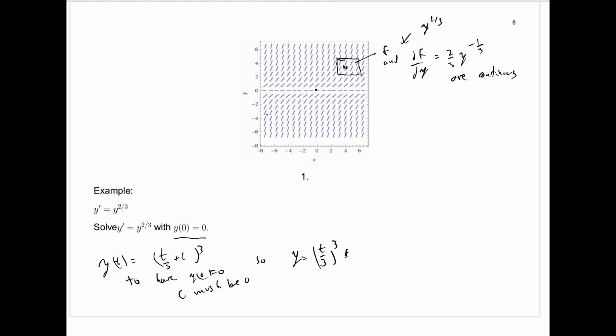That tells me there is a unique solution to the differential equation y prime equals y to the 2/3 that will exist at least on some small interval centered at the place where my initial condition takes place. But there's no guarantee as to how big an interval will work.